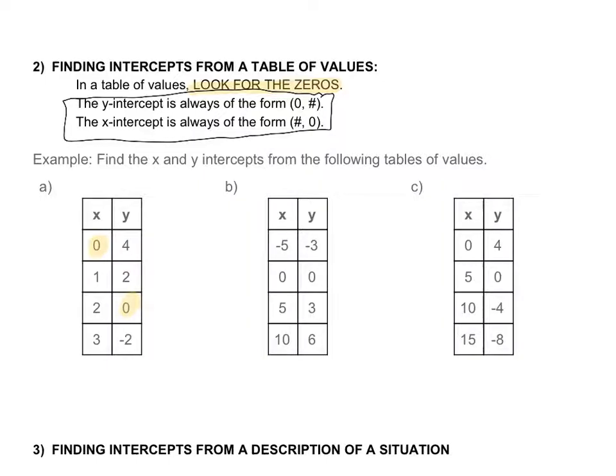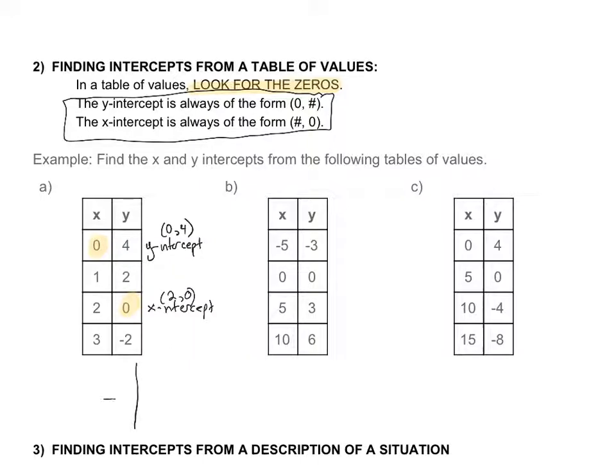From this right here, because the 0 is in the x location, this is the y-intercept. So therefore, 0, comma 4 is the y-intercept. And this is the x-intercept. So therefore, 2, comma 0 is the x-intercept. That can be done just from looking at whether the x is the 0 or the y is the 0.